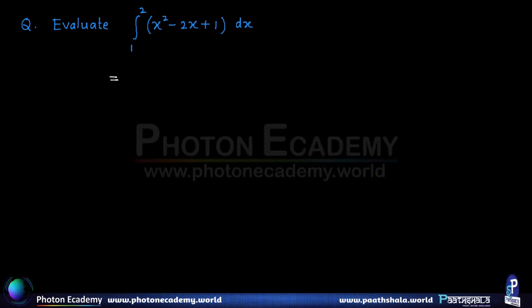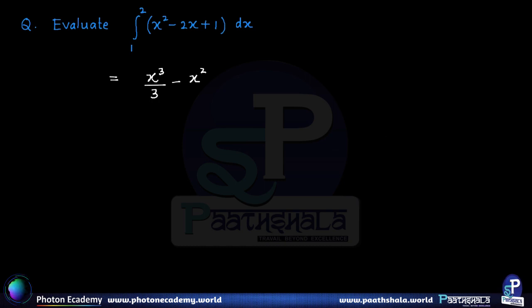So we know that the integral of x square is x cubed by 3 minus the integral of 2x, which will be nothing but x square, because x square has the derivative 2x, and lastly the integral of 1 is x, and this is to be evaluated between 1 to 2.